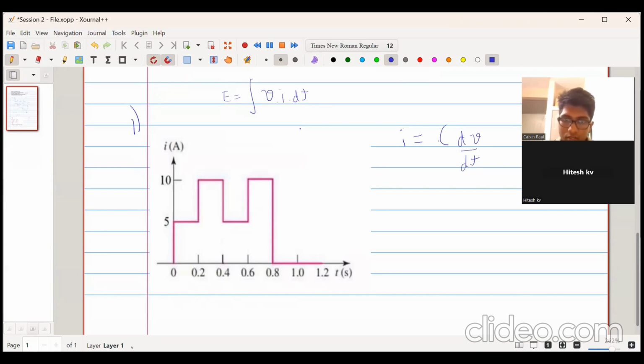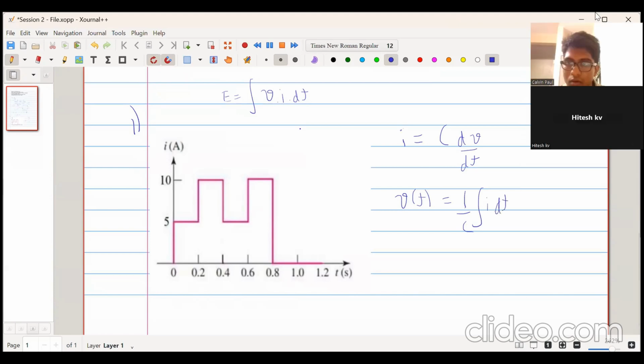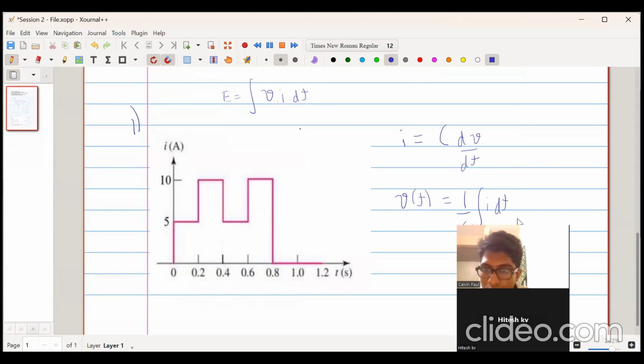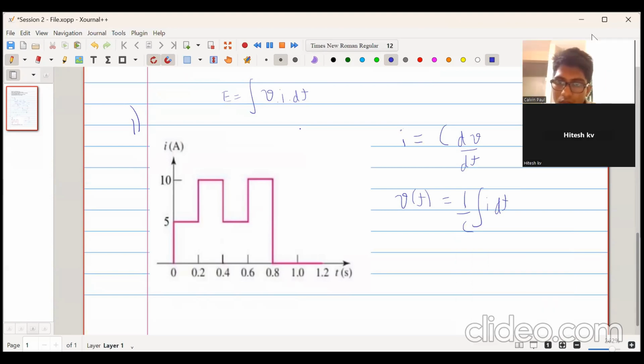Then the voltage across a capacitor will be equal to 1 by C integration of i dt plus Vc of 0 minus. Is this equation clear? Yes. So this is a simple equation for the voltage across the capacitor as it varies. Now we will have to integrate the current from 0 to t.